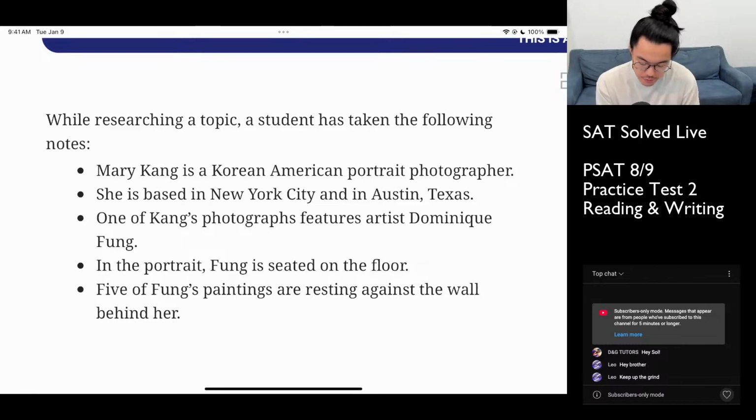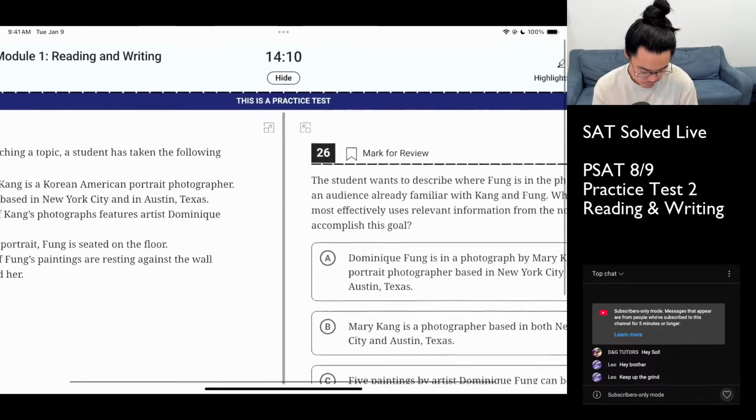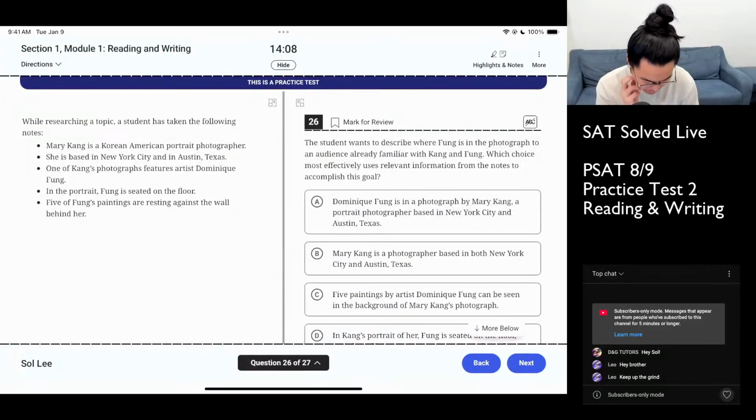Mary Kang, Korean-American portrait photographer in New York, Austin. Dominique Fung, seated, resting against the wall behind her. Okay. It's a painting of a painting. No, it's a photograph of a painter. Where Fung is in the paragraph, it's on the floor.